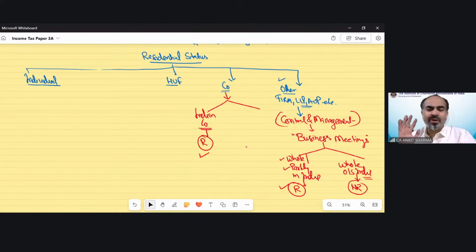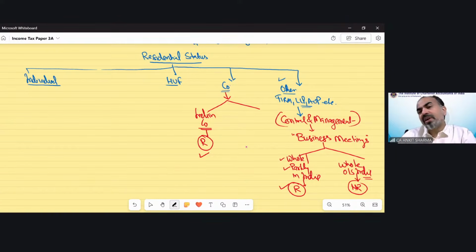You need not check anything. If the question says ABC Limited is an Indian company, everything else is irrelevant, automatically it would be treated as resident. So all Indian companies will be considered as resident in the Income Tax Act. Clear? So this is a fixed rule.